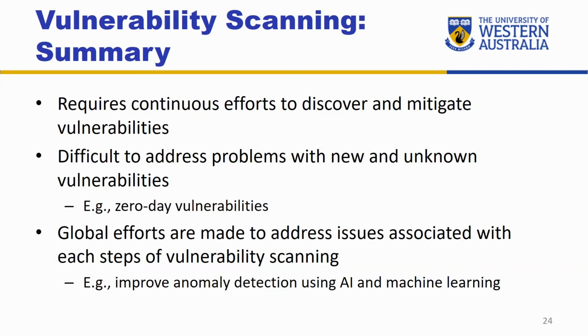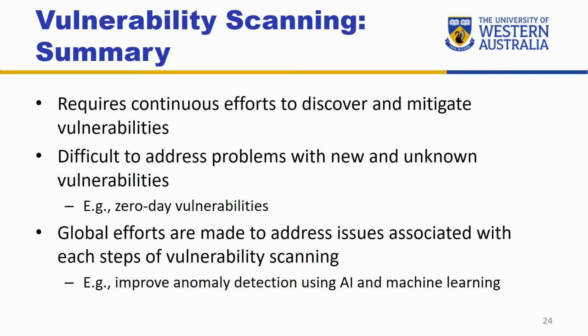As a result, it is quite difficult to address these problems, especially when new and unknown vulnerabilities come into play, because those tools cannot provide detection and mitigation for unknown vulnerabilities. Of course, we can use anomaly-based detection to try to identify them, but there are limitations, because if it's an unknown vulnerability and the attack is very stealthy, then there's a good chance that the attack will go unnoticed.